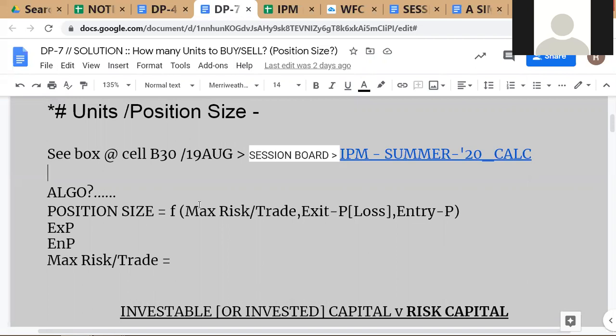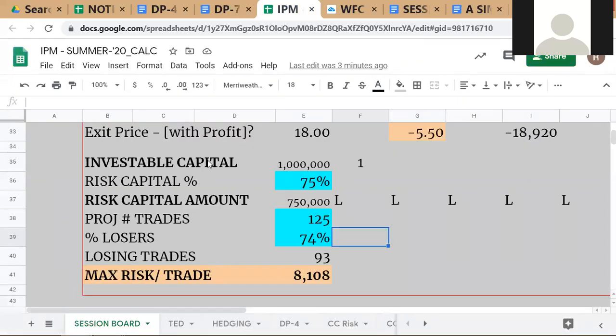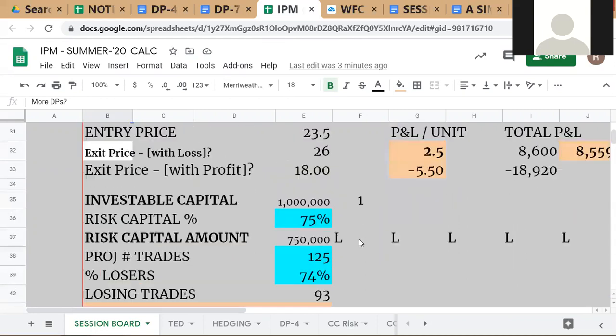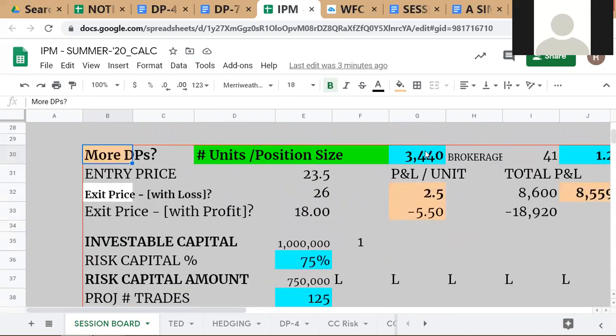So I have referred you to this cell number B30. I hope it's B30 here. Yeah, that's where we are. If I insert some more cells somewhere, this may change, but you know which part we are talking about, where we had this calculation. And so therefore you come up with the position size after including the brokerage.